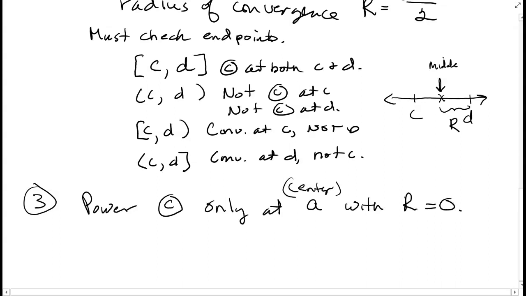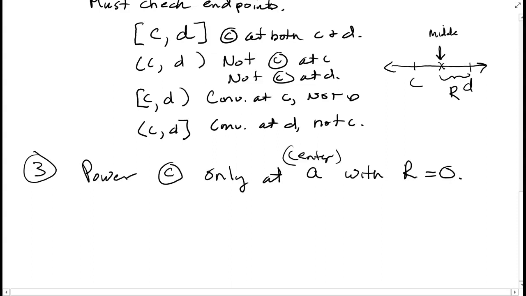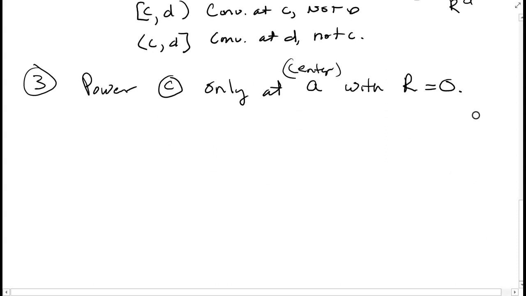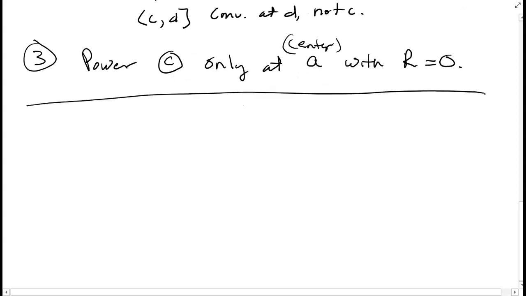That means it's always going to converge at the center, because that's the whole way we set up our Taylor series and everything. As we add more and more terms, it's always going to go through that center point. But the problem is it doesn't converge anywhere else. So that is a third case scenario. So what we can do is some quick examples so you can see each of these scenarios. So let's look at some examples.